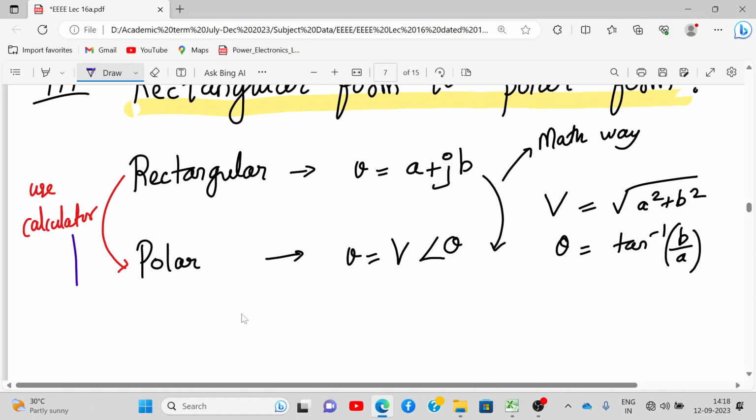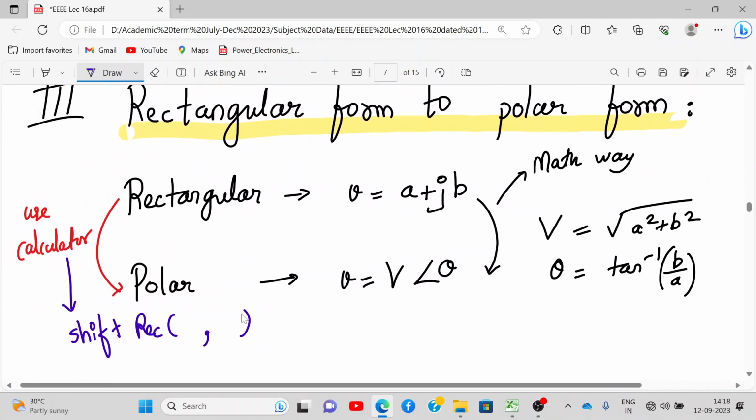In the calculator, you press shift Rec. Whatever numbers you have, you put them separated by a comma, and that converts rectangular to polar. So the result will be in polar form. If you want to do it the mathematical way, you find the value of V and theta by this formula. So this is the math way and this is the calculator way, and I definitely recommend using the calculator directly.